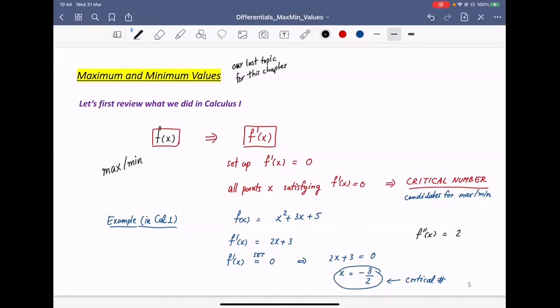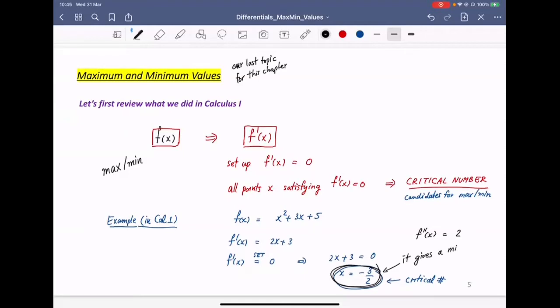If f double prime is less than 0, you get a maximum, and if f double prime is greater than 0, you get a minimum. Here, at x equal to negative 3 over 2, the second derivative test tells you this is going to be your minimum.